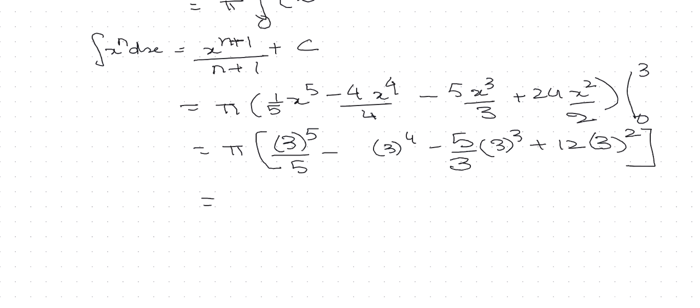And when we put everything in the calculator, we get 153 pi by 5. So this is the volume.